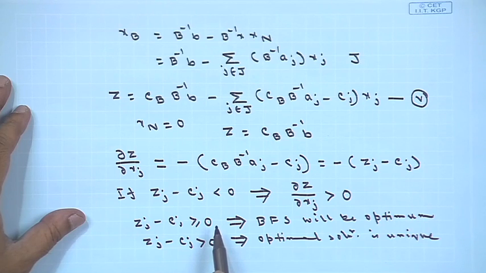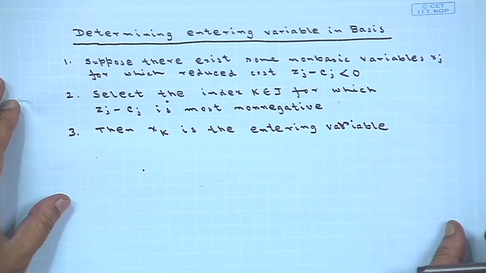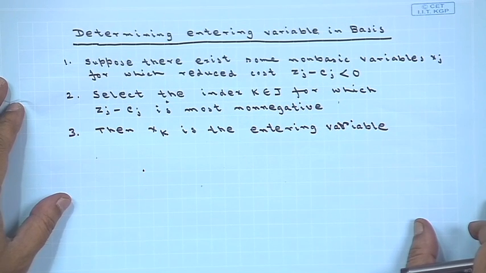So then I have to find out what should be the entering vector, that means from the basis one vector will be going out and one vector will come inside. Now we will check which vectors will be entering and which vectors will go out. For that, first let us see determining the entering variable in the basis.